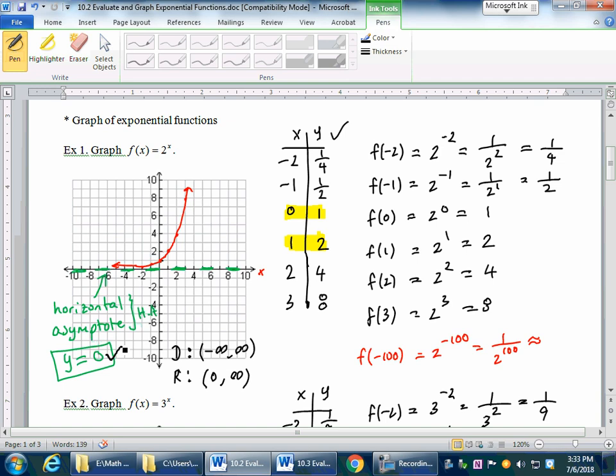And when we talk about logarithmic, because they are inverses of each other, this horizontal asymptote becomes a vertical asymptote. And the domain and range of the logarithmic function will also flip around. See, the range of the exponential function becomes the domain of the logarithmic function, and the domain of the exponential function becomes the range of the logarithmic function.